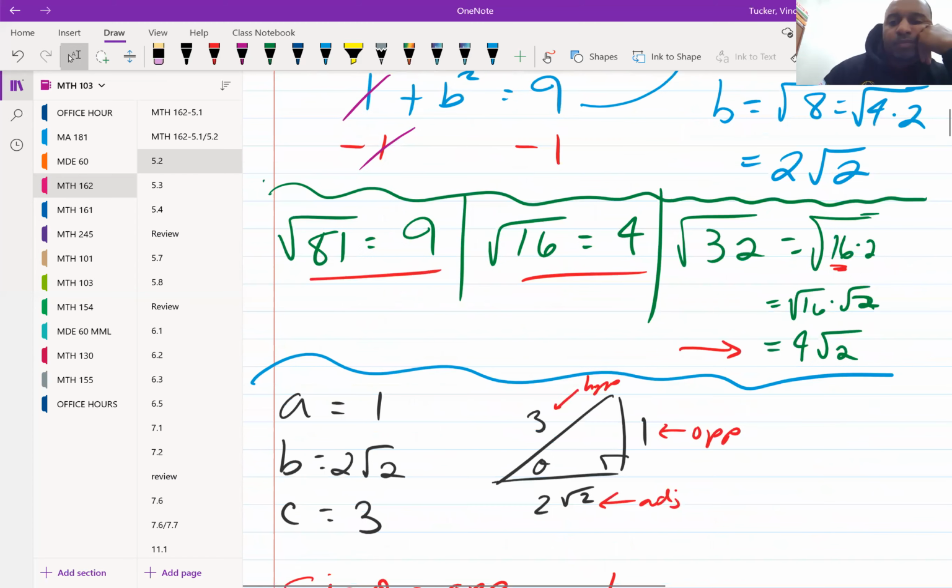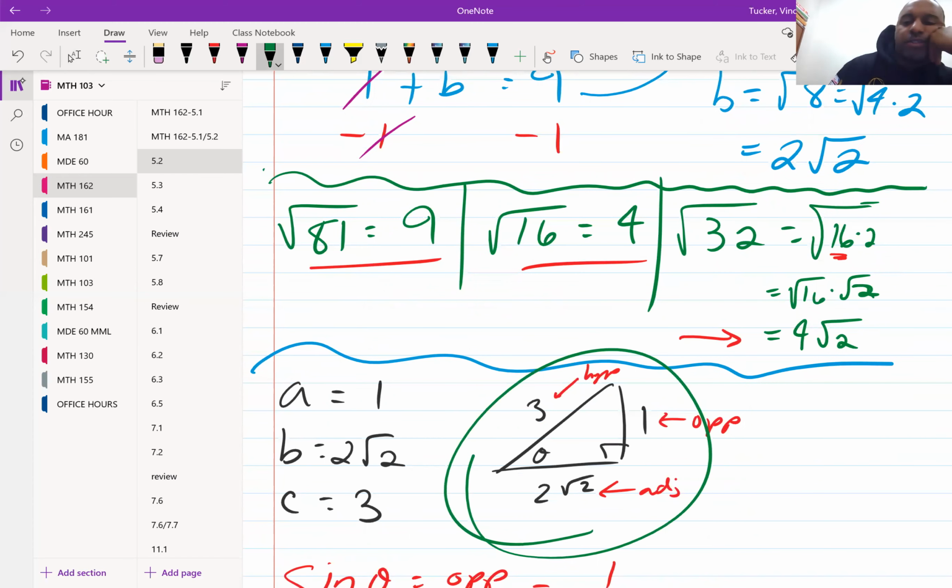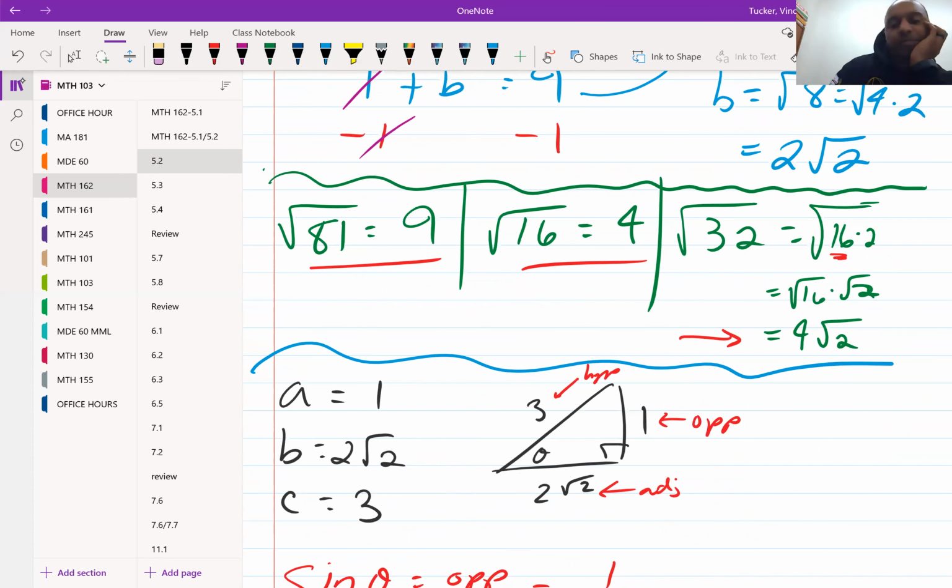So now here is our triangle with the measurement of B plugged in. 3 is our hypotenuse. 1 is our side that's opposite theta. And 2 square root of 2 is our side that's adjacent to theta.